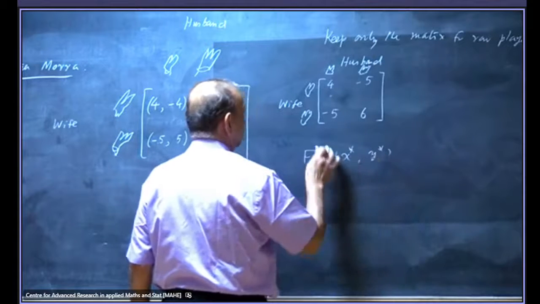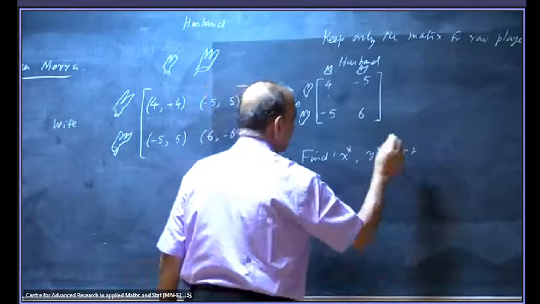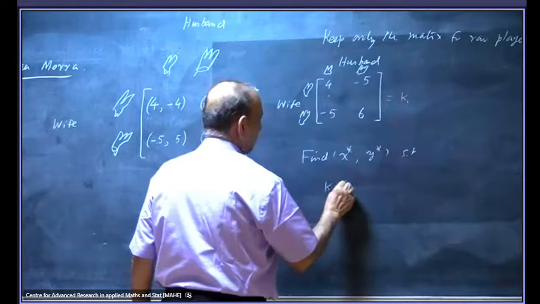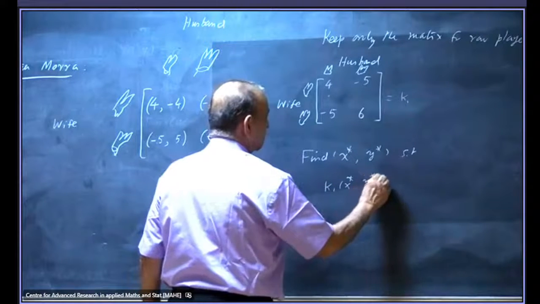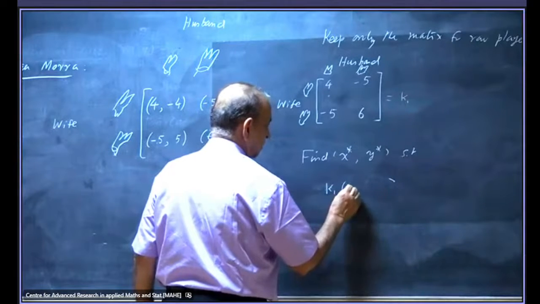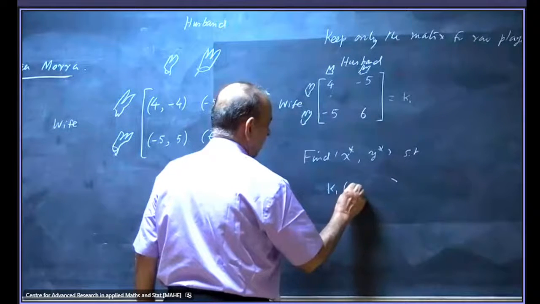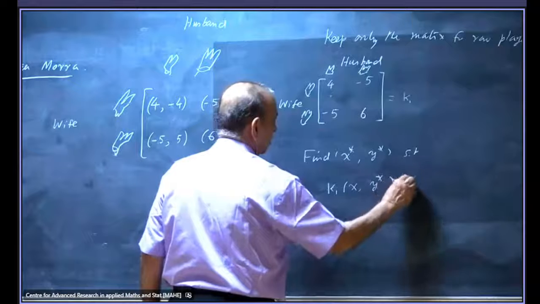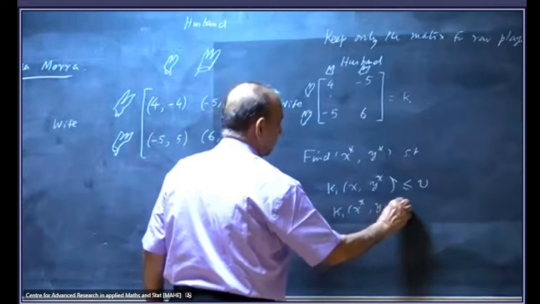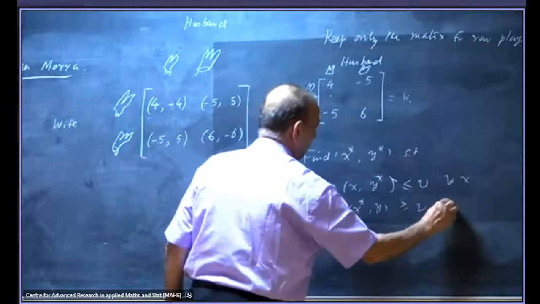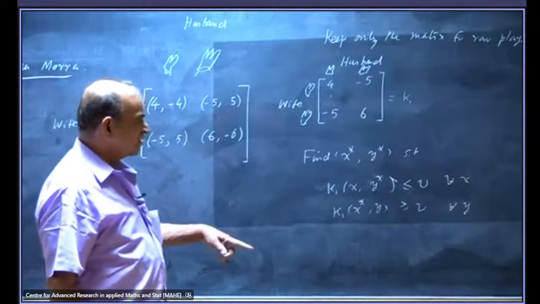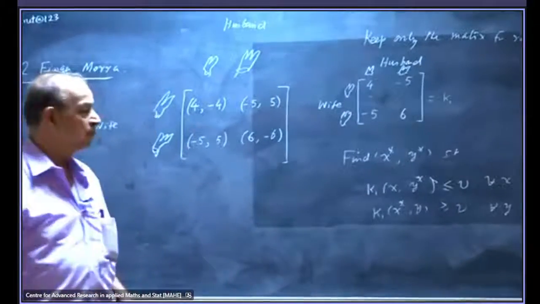X star is a mixed strategy, such that, this is your matrix K1, K1 x y star is less than or equal to b, and K1 x star y is greater than or equal to b for all x and for all y. Agree? So what does it translate to? I write down the translation.